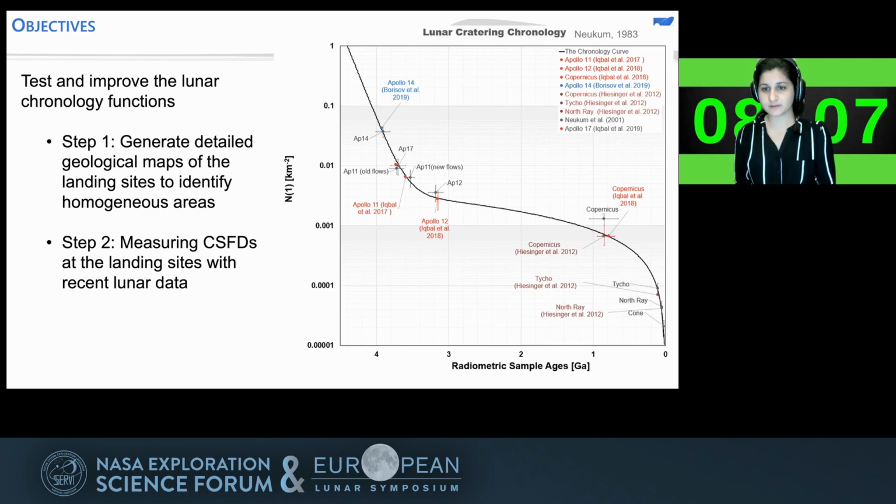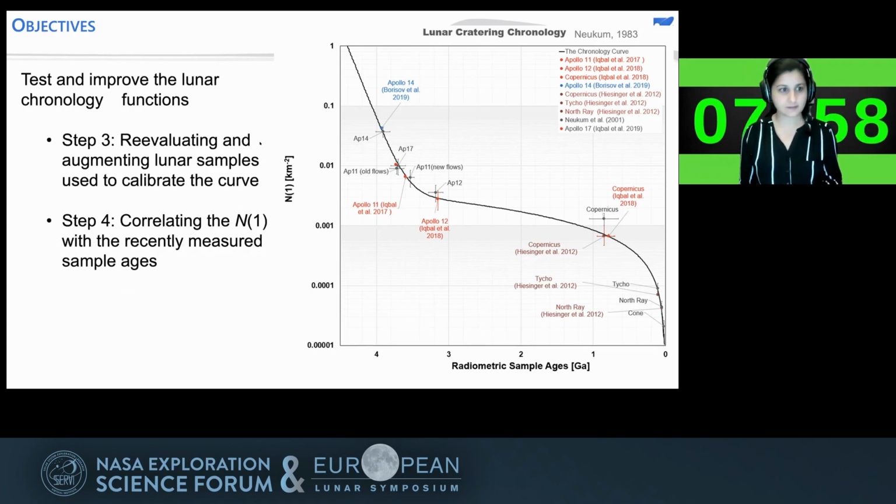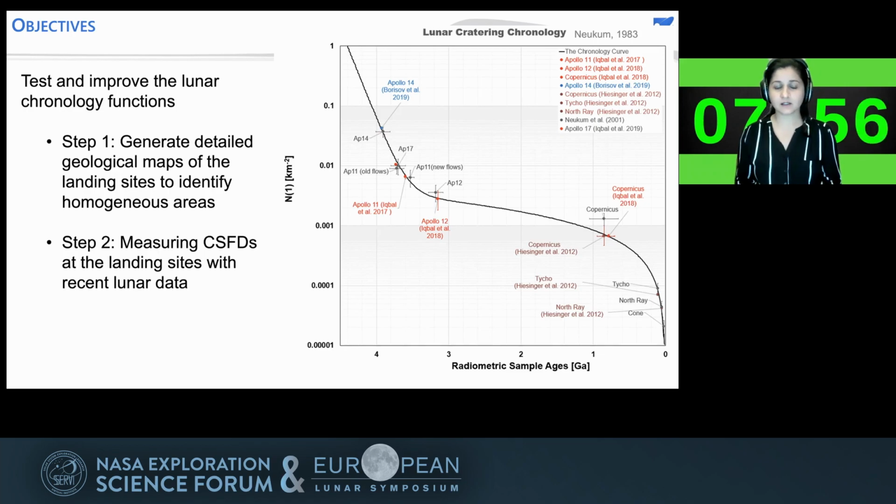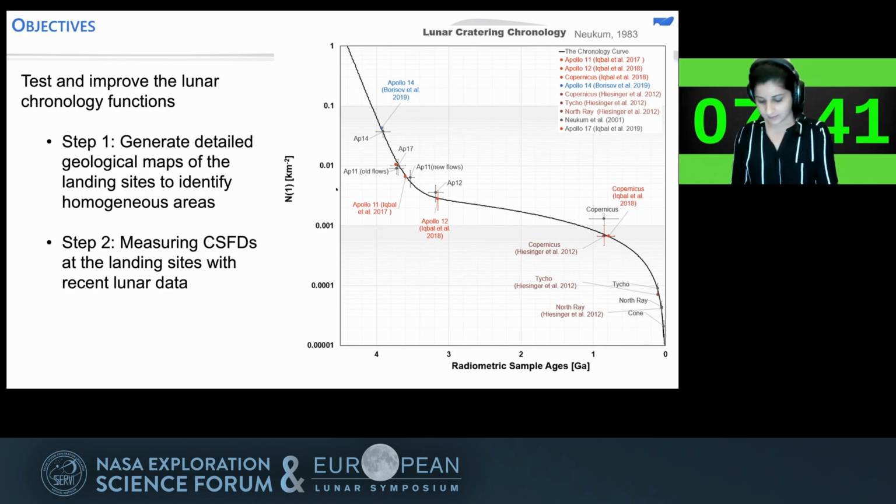So how do you calibrate this lunar chronology function? For this purpose, we prepare detailed geological maps of all landing sites. Then we identify geologically homogeneous areas on this geological map and measure CSFDs, and from there we get the N1 values that we represent on the y-axis.